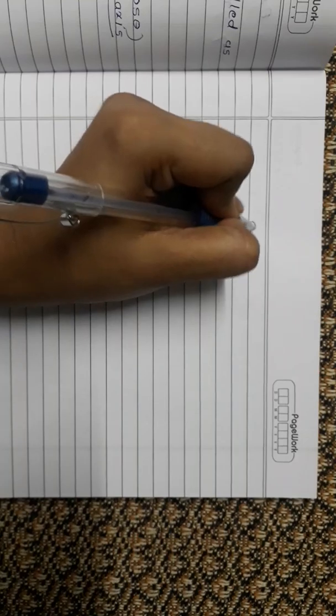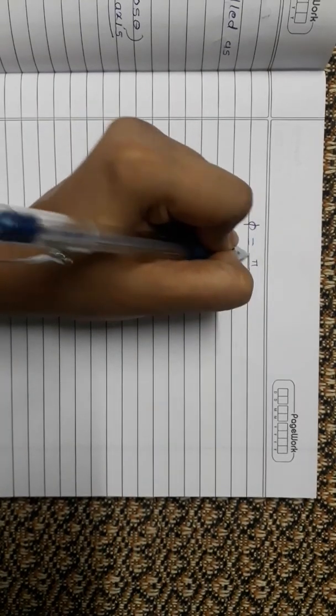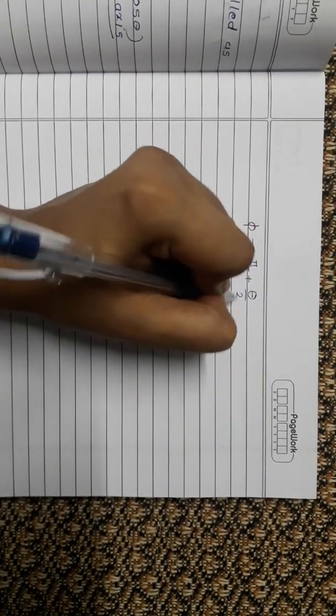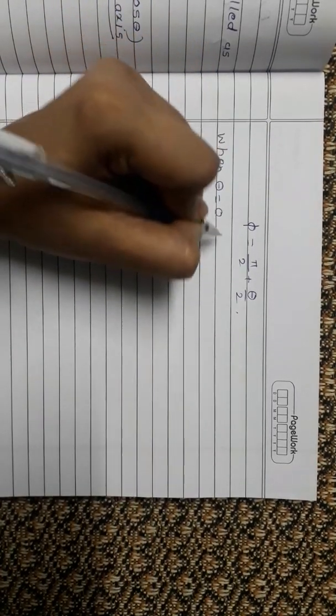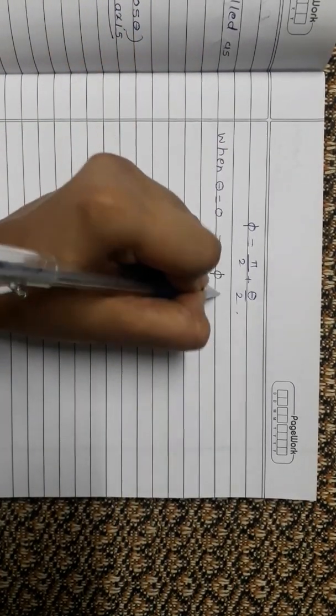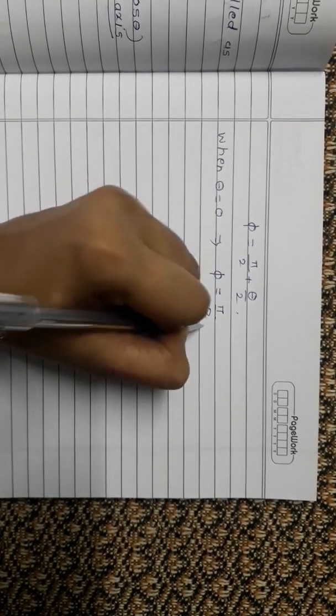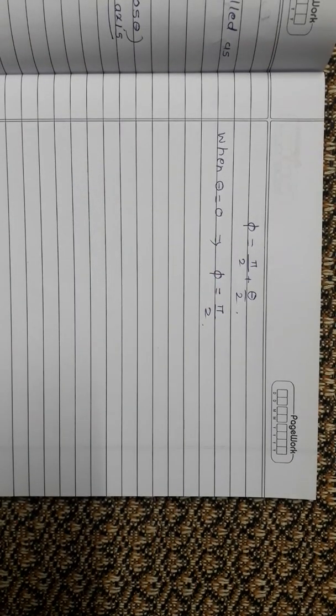So I'll write down phi one more time. What is phi? Phi is pi by 2 plus theta by 2. So when theta is equal to 0, what is phi? Phi is pi by 2. So when phi is pi by 2, as we have seen in the last session, the tangent line must be perpendicular to the initial line.